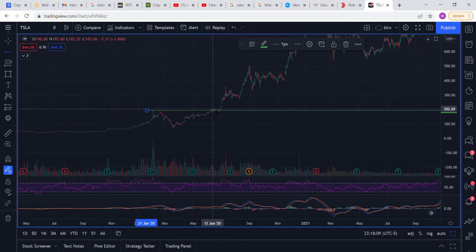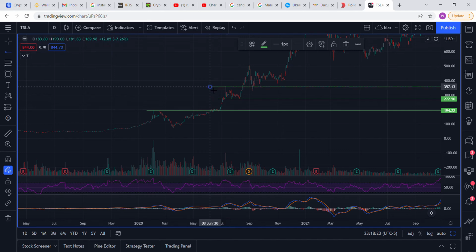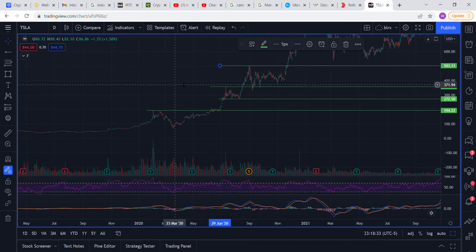Then you see that it came up and tinkered around with it, and then it went up even more. So we can use this right here, where it tinkered, hit, moved up more. We can also use this, because it's kind of tinkering around that level too. So then we can use this level also, okay?